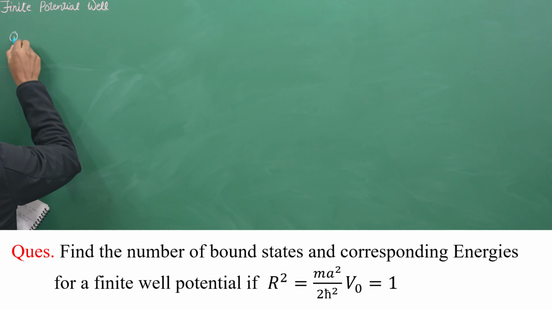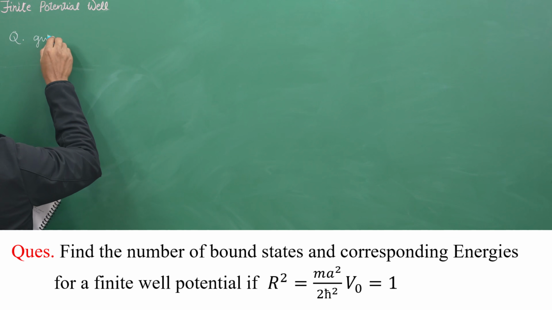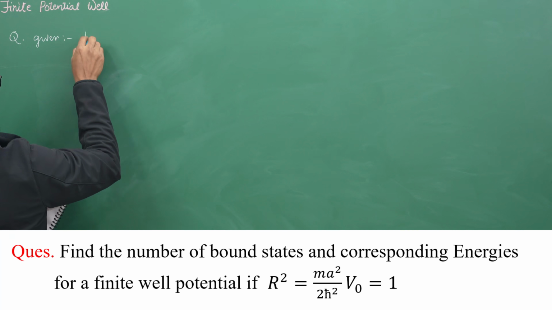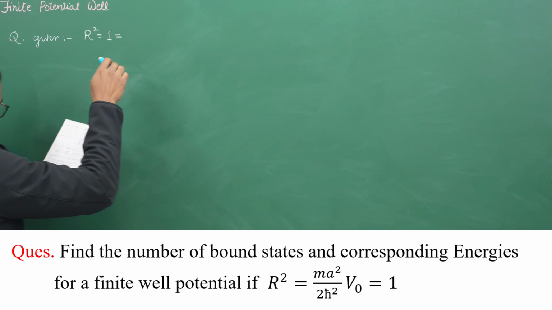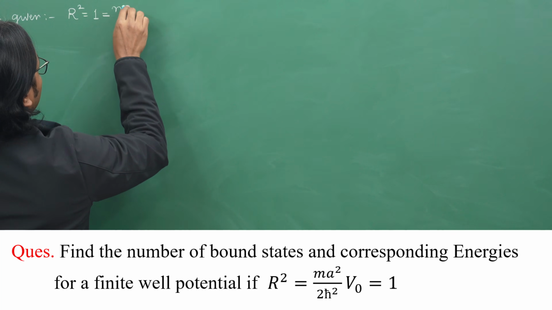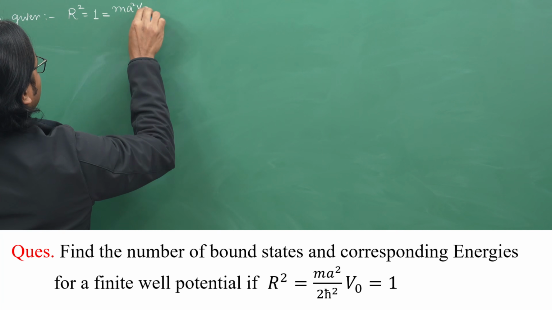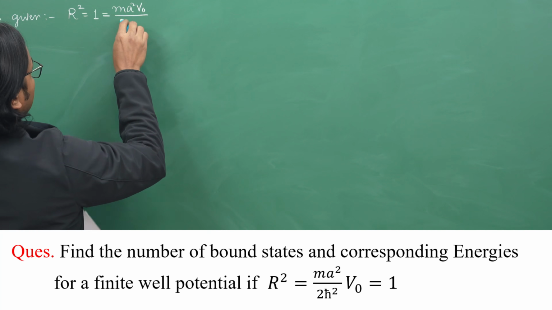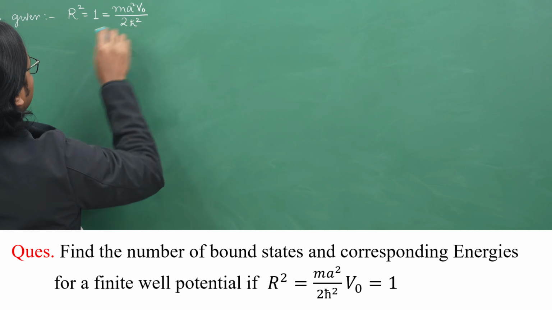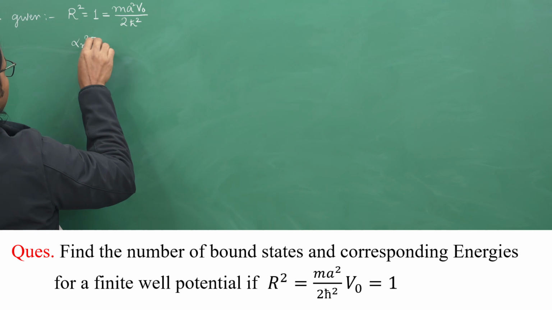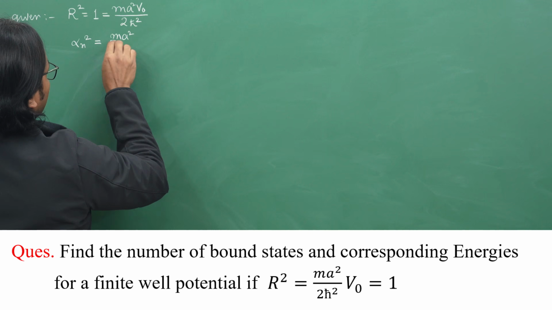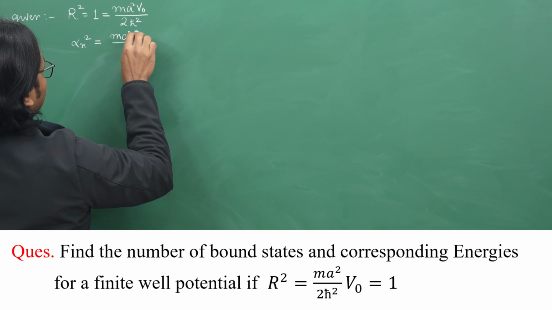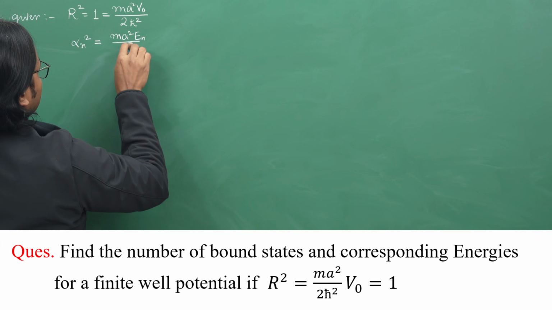So in our question, it is given to us that r is equal to 1, and we know that r square is equal to ma square V0 upon 2h cross square, and we have another variable here, alpha, whose expression is ma square En upon 2h cross square.